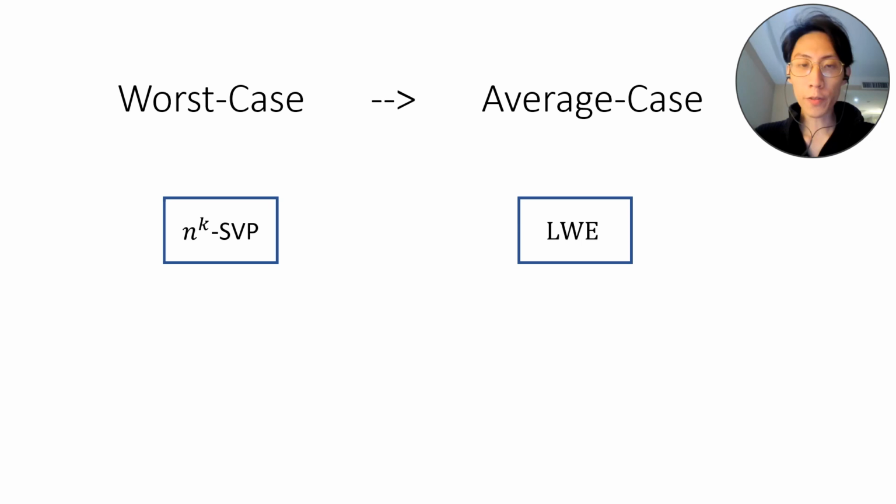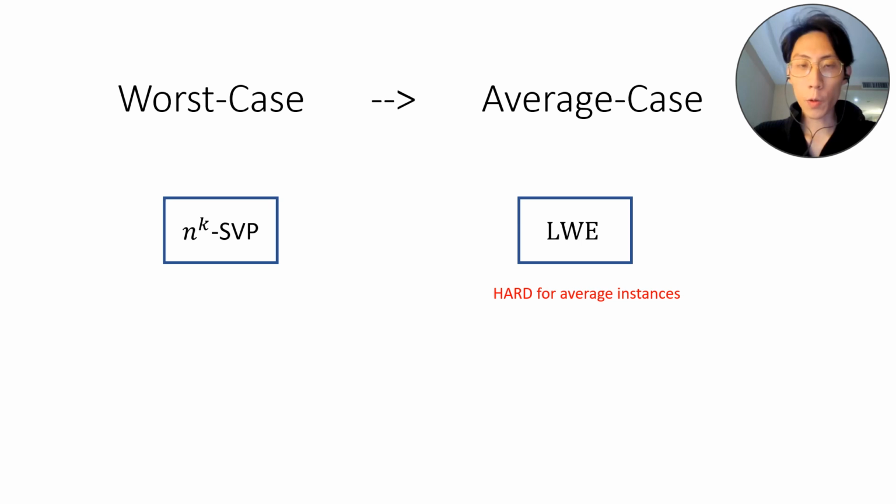And one important feature about lattice-based cryptography is that we can have security guaranteed based on a worst-case to average-case reduction. In general, when we talk about a cryptosystem, we want it to be secure on average. More specifically, each time we run the cryptosystem, for example, we generate a new pair of public key and private key from some distribution, and we want to make sure that every time we run it, it is secure.